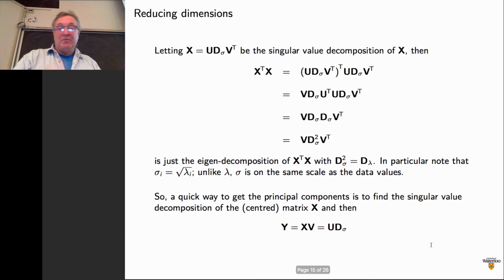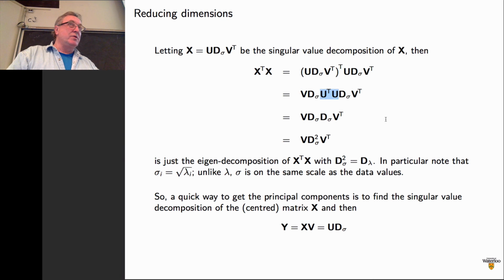So the beauty of this is if I take the singular value decomposition of X and then find the matrix X transpose X, the transpose of A, B, C is going to be C transpose B transpose A transpose. That's how the transpose operator works. So this X transpose is going to be V D sigma transpose, that's a symmetric matrix, so that's just D sigma times U transpose. Now I just apply these values.